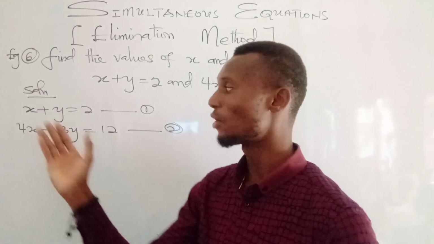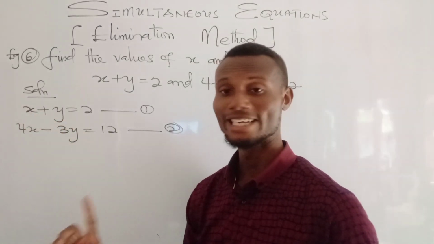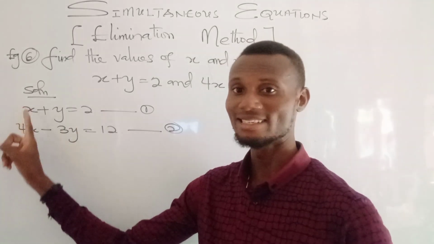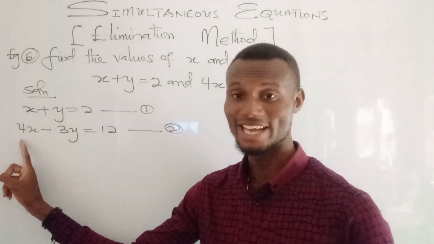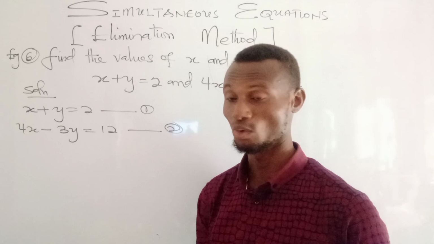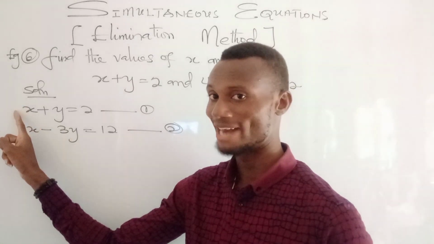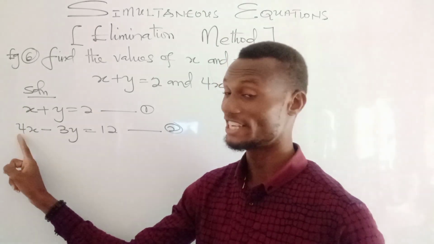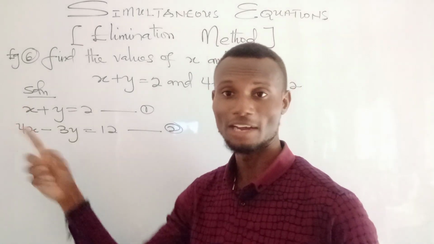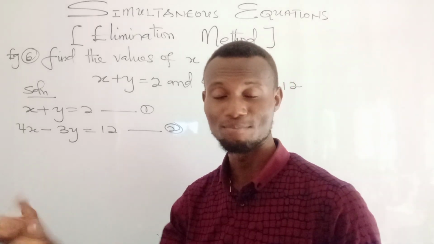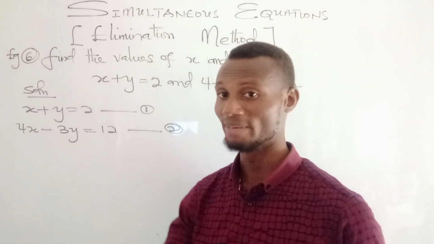If I want to eliminate the variable s, I have to make sure the coefficient of s here is the same as the coefficient of s here. If I check, the coefficient of s here is 1 and here is 4, so the coefficients are not the same, and I have to make them the same before I can eliminate.